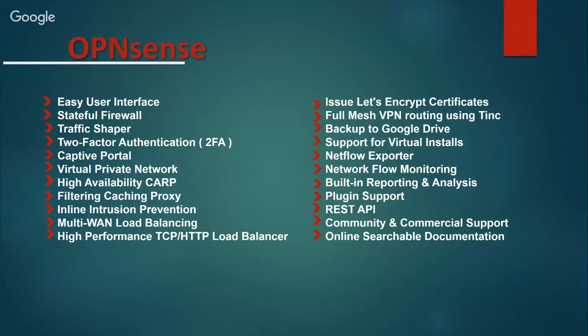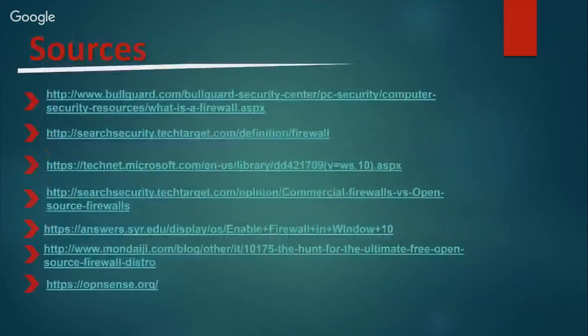I really didn't want it to conflict with my McAfee that I have right now. And these are my sources that I got all my information from. I went with OPNsense because it seemed easy, it seemed straightforward, and it was good.